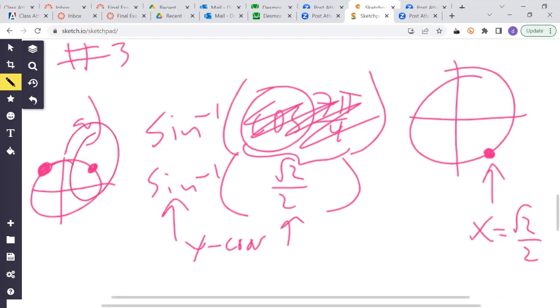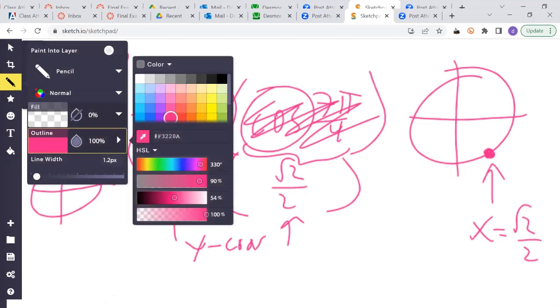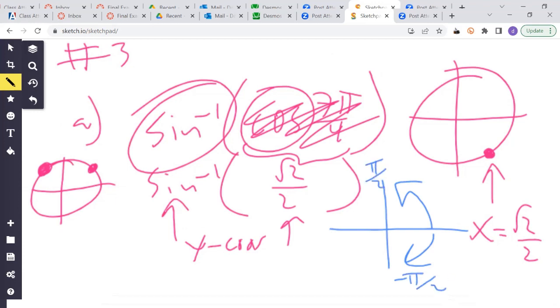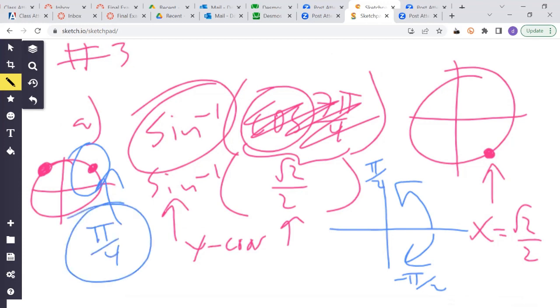Do I pick this one or do I pick that one? You have to remember sine inverse. Remember, folks here in blue, that sine inverse goes from negative pi over 2 to positive pi over 2. So the only one that fits in these regions would be this location. And that would be at pi over 4. And that is your final answer to 3a.